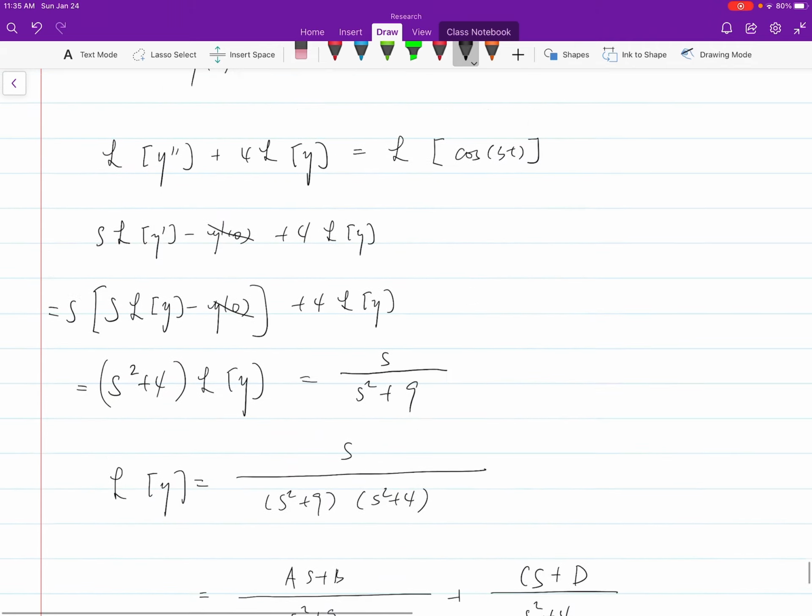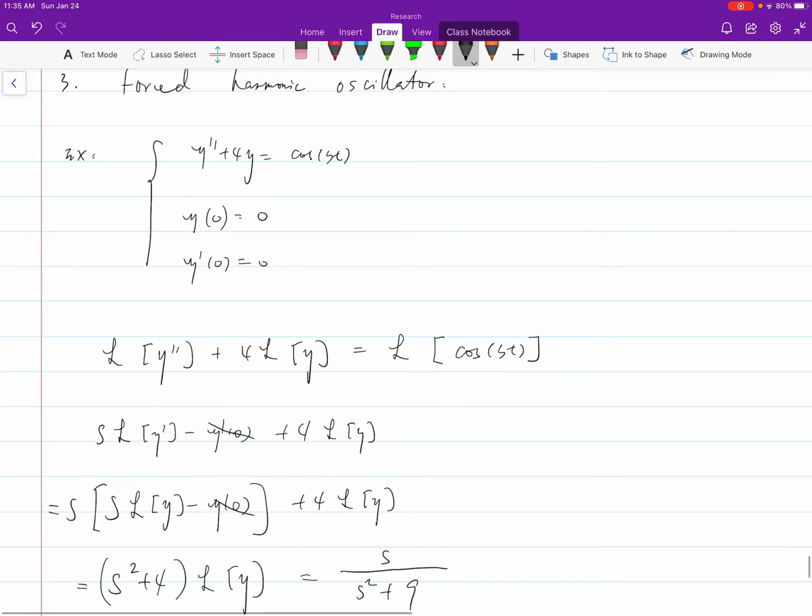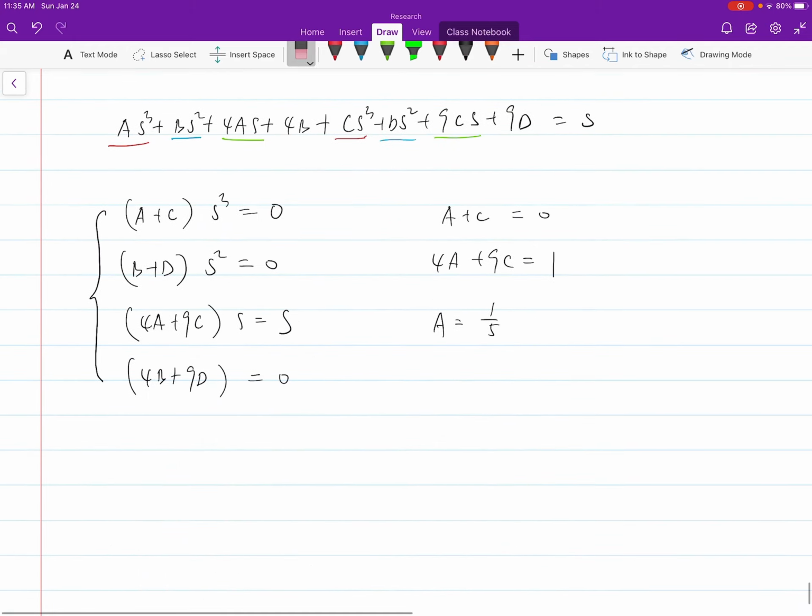Something is wrong. Actually, that thing is wrong. I copied the wrong thing. So the one in my notes is 3 cosine t. The answer I am getting here is not going to match what I have in my notes, but it's fine.